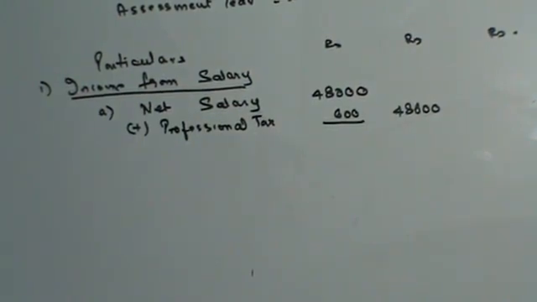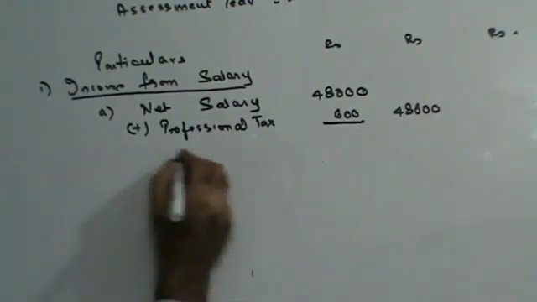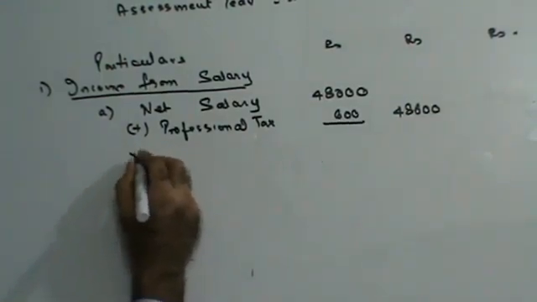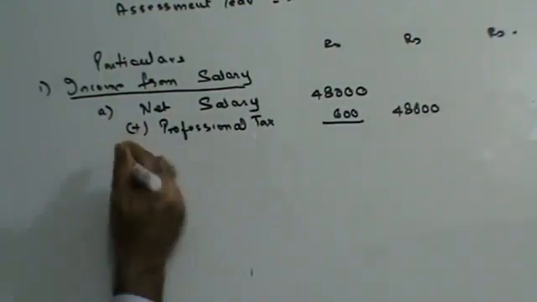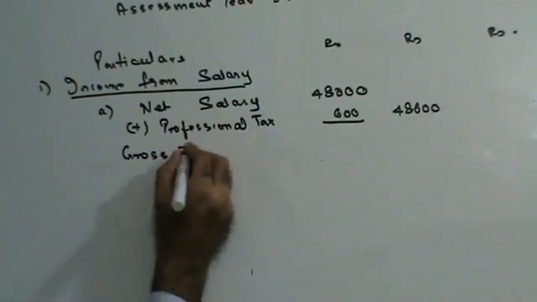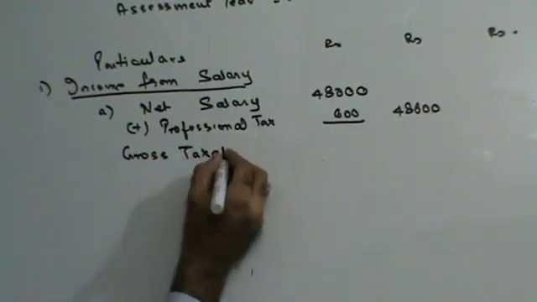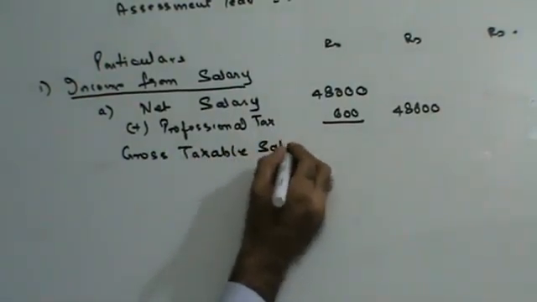Family pension from government of Uttar Pradesh, where her late husband was serving, 6,000. That's it. Nothing else. So this becomes your gross taxable salary.